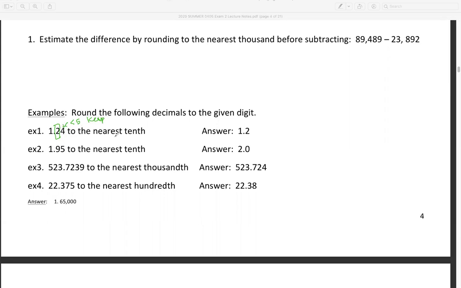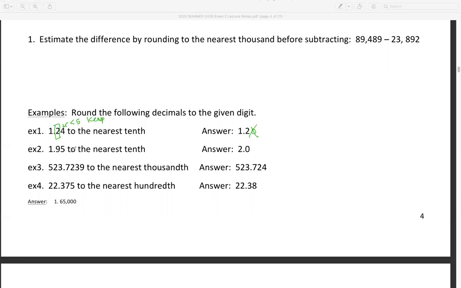So 1.24 rounded to the tenth is just 1.2. Now, you don't have to put the 0 after that. Just leave it as 1.2. So when you're rounding to the tenths, hundredths, or thousandths place to the right of the decimal, you don't have to put the 0 there.